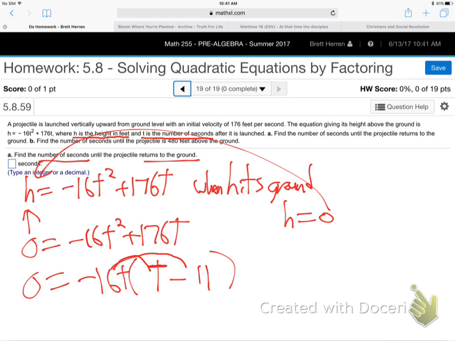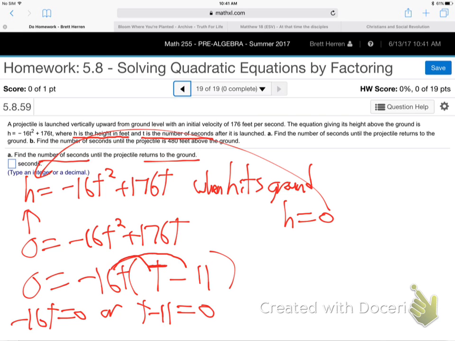So what's the next step now? Two things are multiplying to be 0, so each one could be 0. Either one could be 0, right? So the minus 16t could be 0, or the t minus 11 could be 0. Isn't that always the next step when two things are multiplying to be 0? Either one can be 0 to make the product 0.